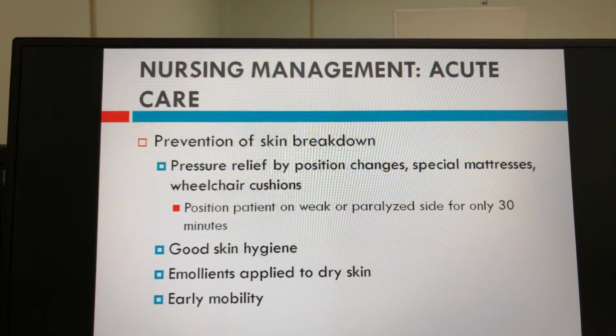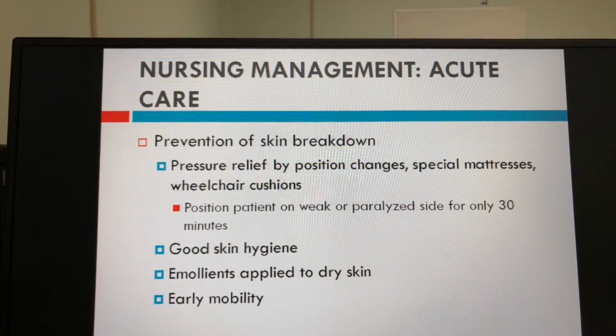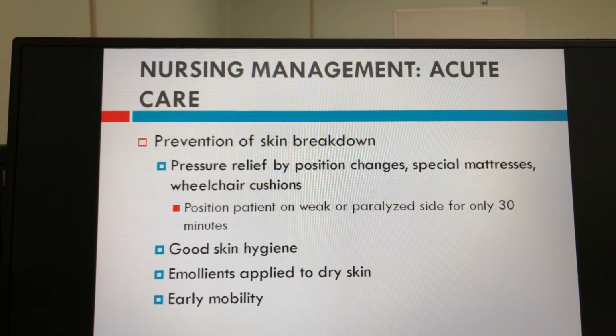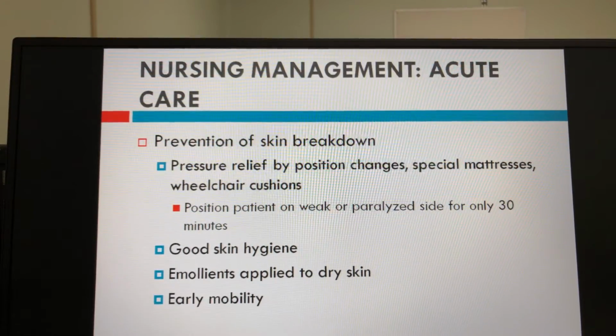Again, we want to provide good skin hygiene. We want to put some emollients on where the skin is dry, and we want to initiate early ambulation with these patients.